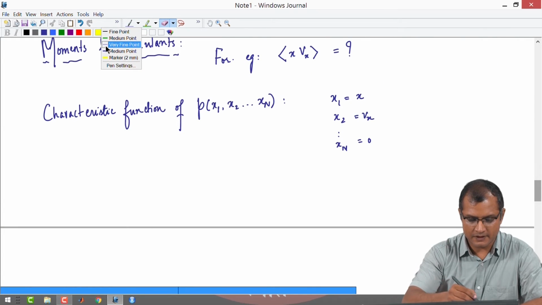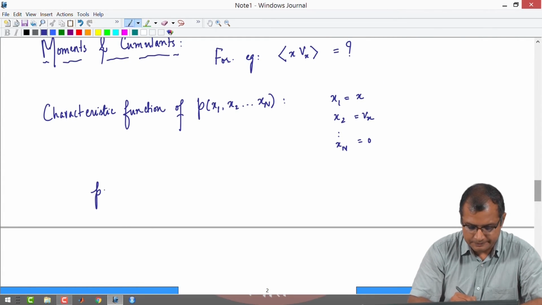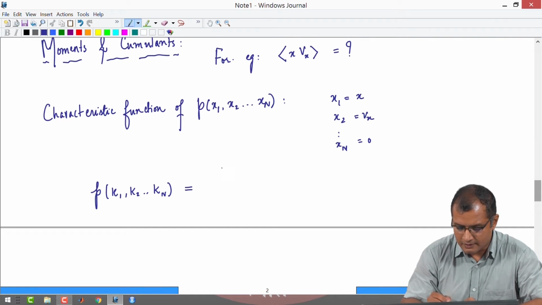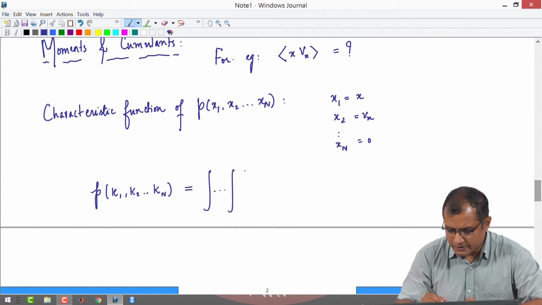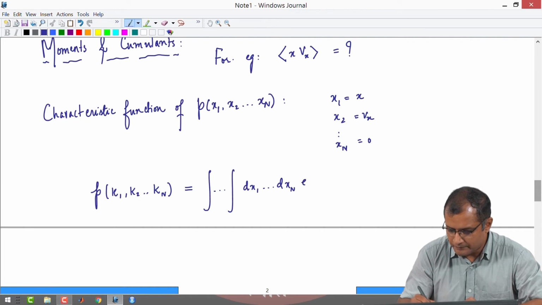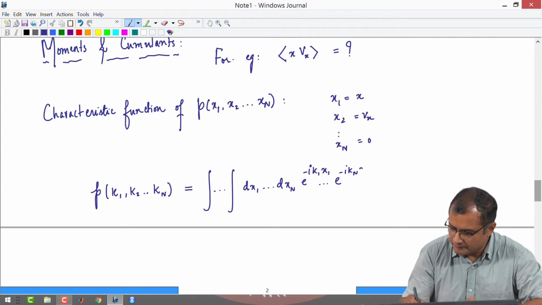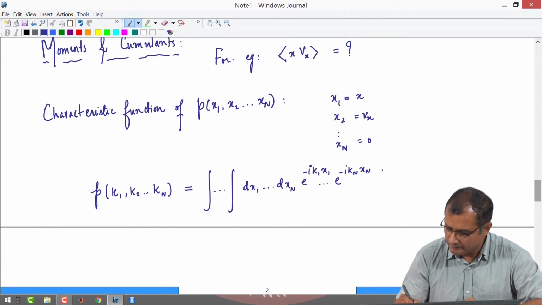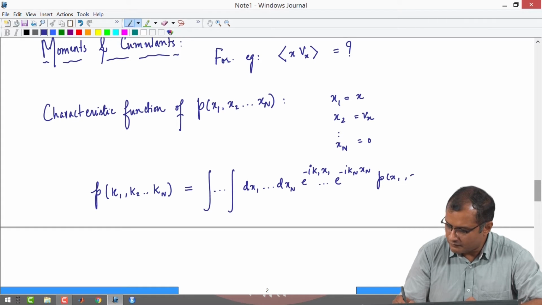Now, so the characteristic function will be a function of the set of k's that are nothing but by the definition the multidimensional Fourier transform of our multivariable distribution.